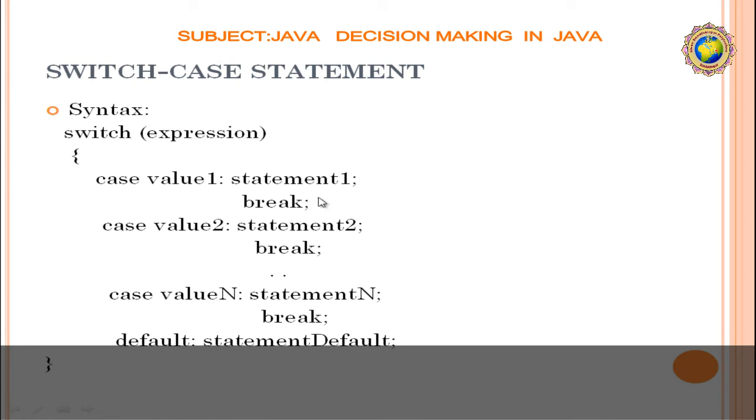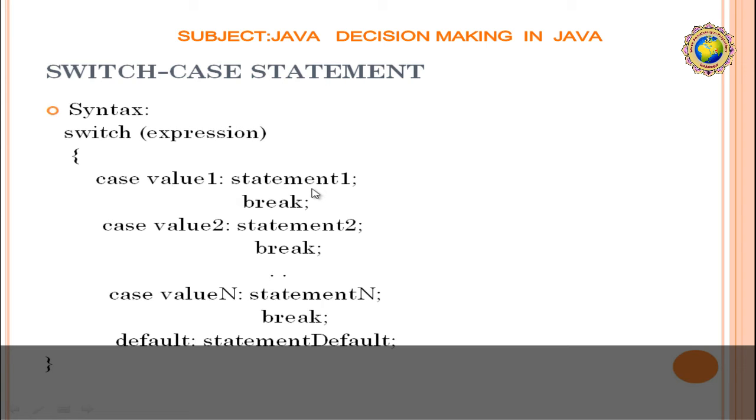Why are we using the break statement here? The most important thing is why we use the break statement. If we are not using the break statement, then execution may keep falling through the following cases. So that's why we have to break. The first case is checked, right?